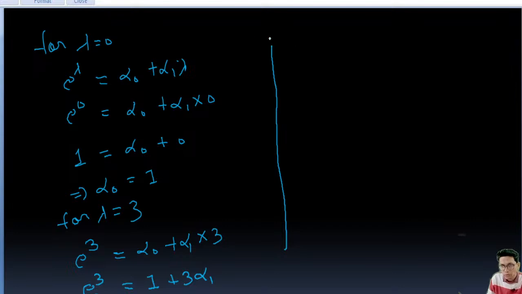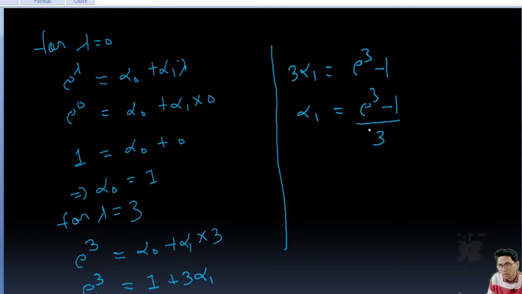So 3 alpha 1 equals e to the power 3 minus 1, and alpha 1 equals e to the power 3 minus 1 upon 3.